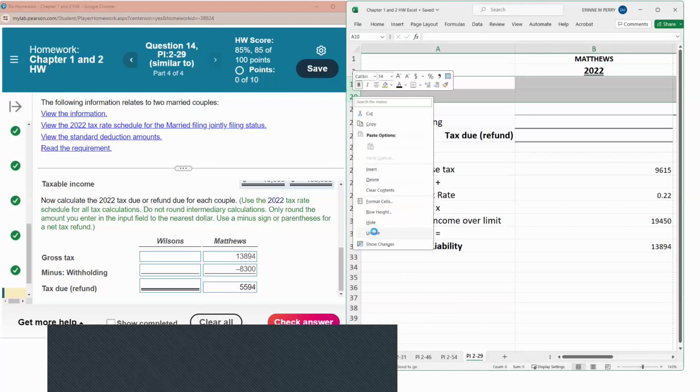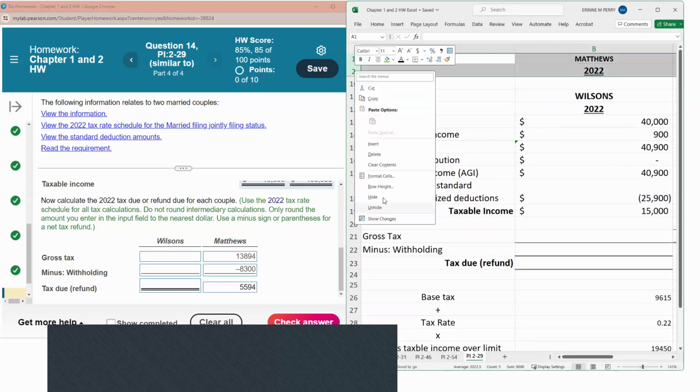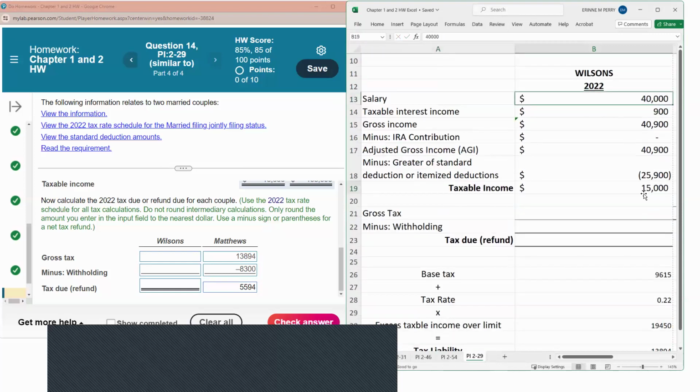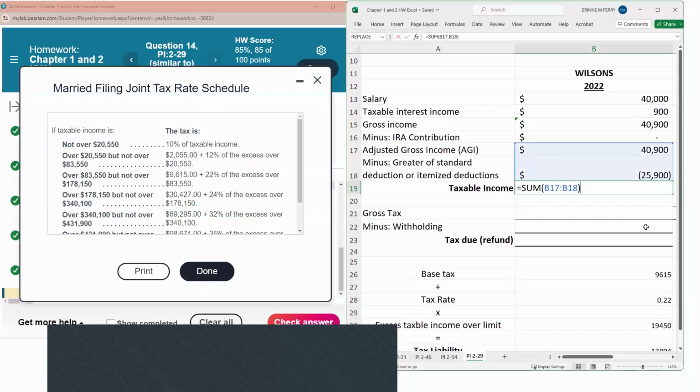And then now, if we look at it for the Wilsons, their taxable income was $15,000. Based on the information here, this is if their income is not over $20,550, so their taxable income is only $15,000.